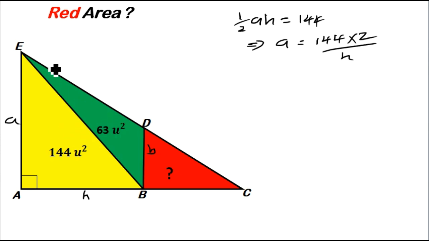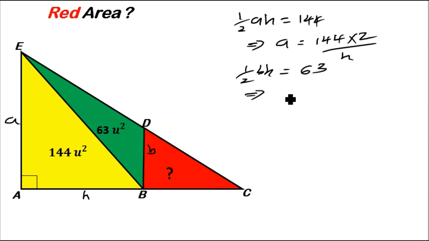Again, the area of triangle BDE is 63. So you know the area is half the perpendicular height times the base. So we have half BH. So half times B times H is equivalent to 63.